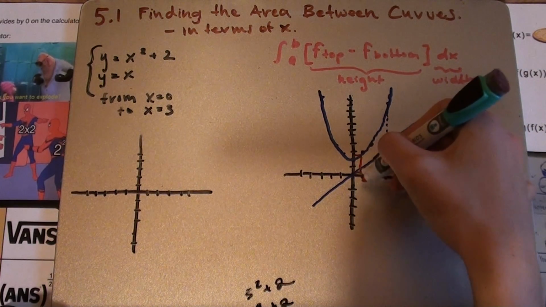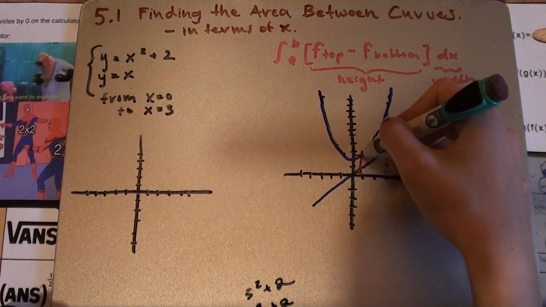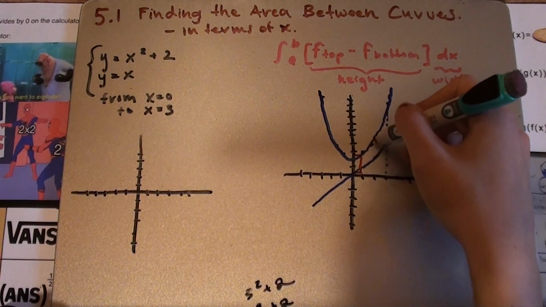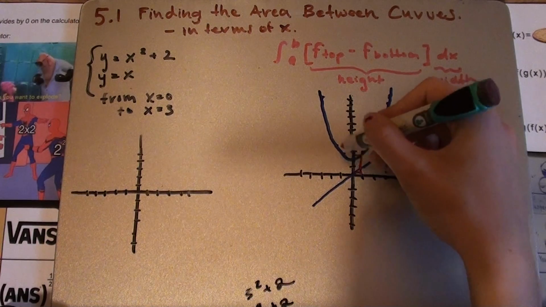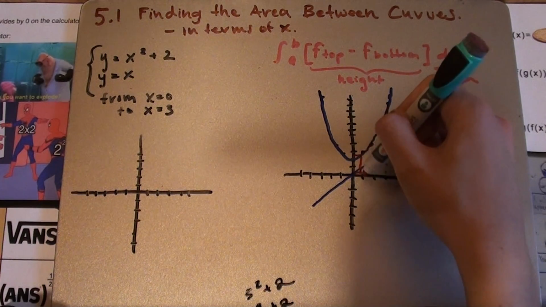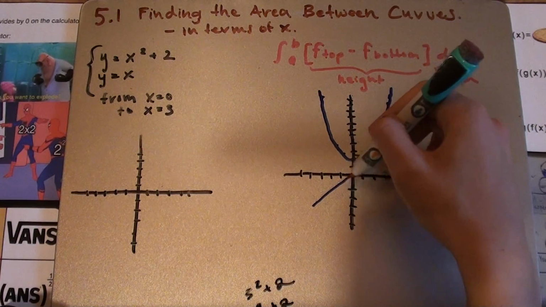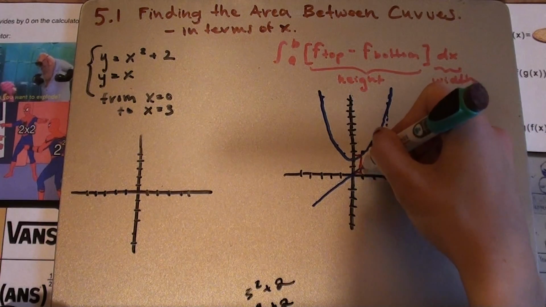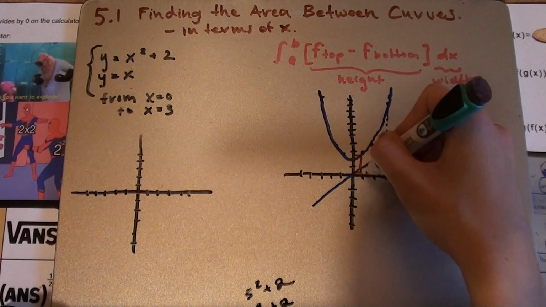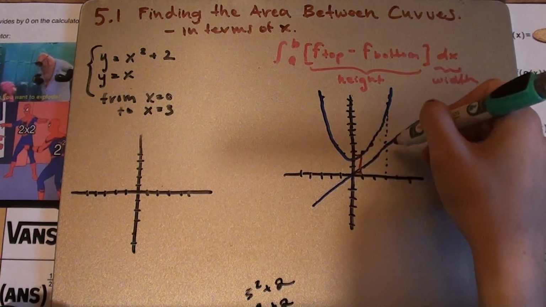So we set some defined width, and then we figured out what the height was by subtracting our bottom equation from our top equation. Because if we figure out the height from 0 to our parabola, and then subtract out the height from our lower equation, y equals x, then the only thing we've gotten rid of is the part underneath, and all that's left is the stuff in between the two.